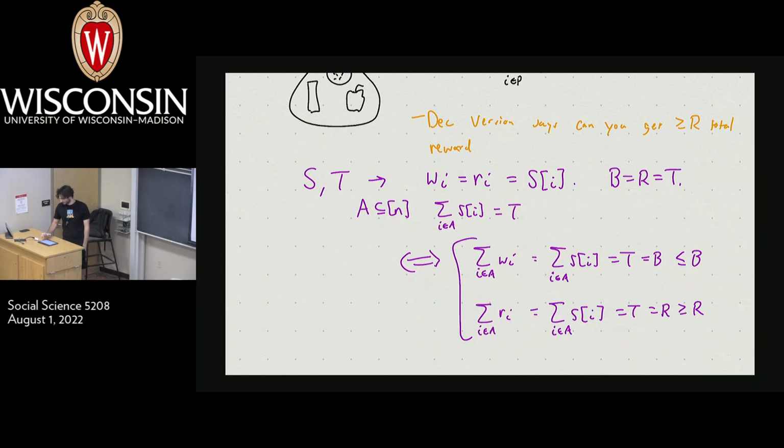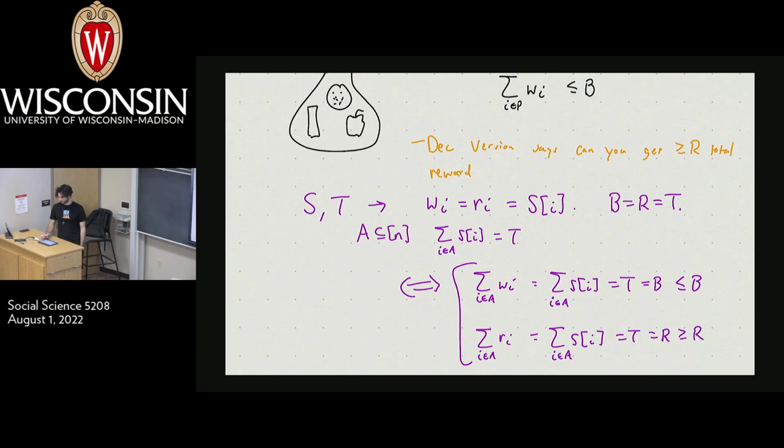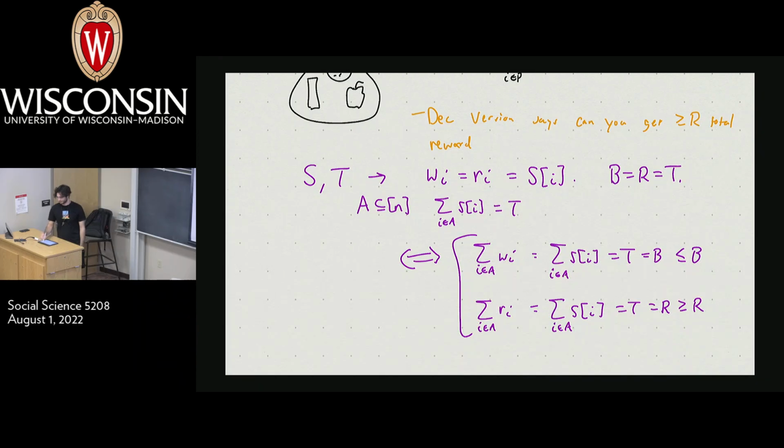I may have gotten mixed up with all of it, but B is the budget, which in my head is the amount of items that you can have in the bag. And the reward is essentially the cost, or basically the reward. So the reward and the budget could be different, right? In this instance, it could be 3, but the total reward of those 3 items could be like 10, for instance. So how could they be the same?